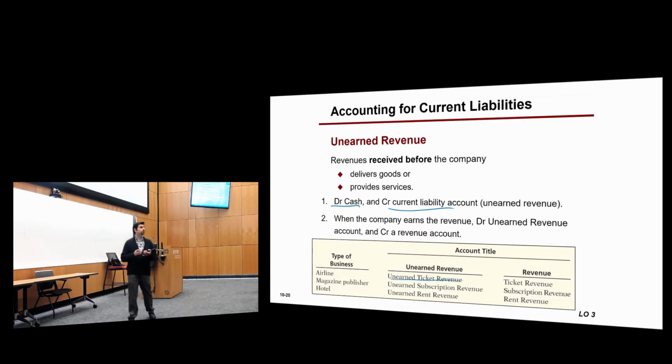You debit the liability and you credit the actual revenue. So there are two steps. First is when the company receives cash and records the liability, because they have not earned it yet. Then when they start earning it, they record whatever revenue they earned, and they also record the decrease in their liability.